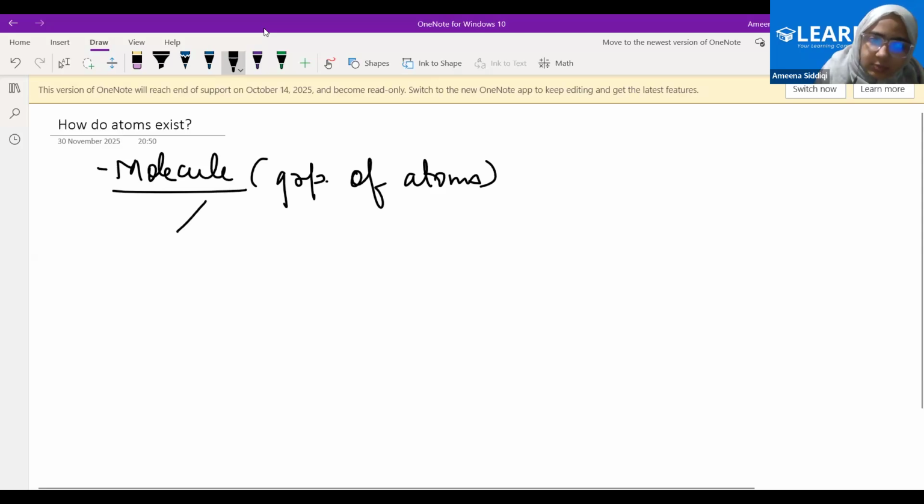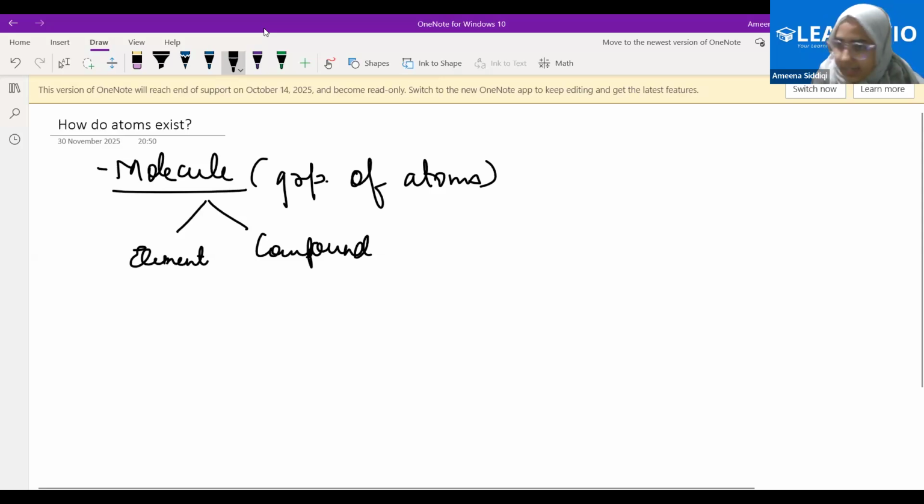We have two different types of molecules: one is element and the other is compound. Basically, how do atoms exist? They are either existing as a cluster or aggregate of molecules, or they are existing as ions.